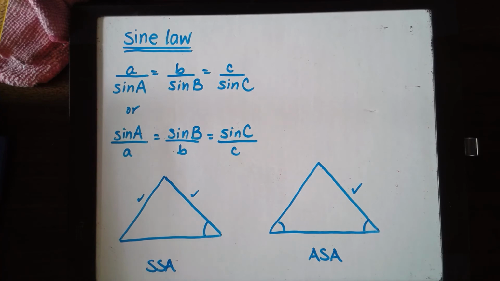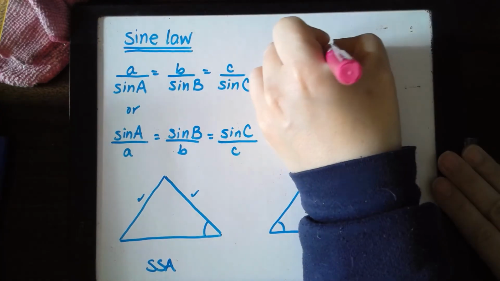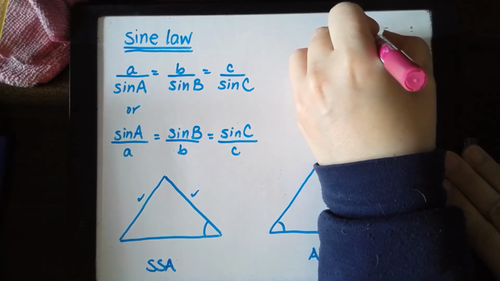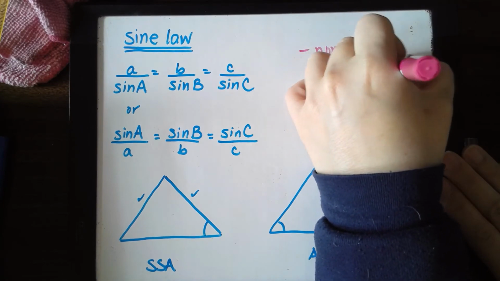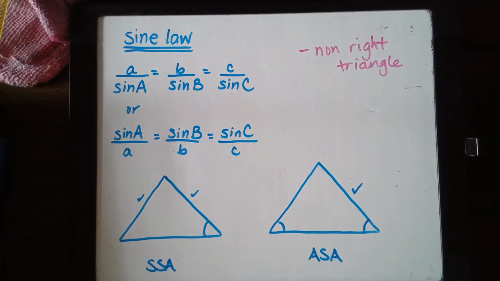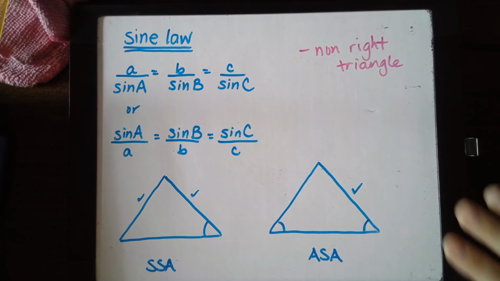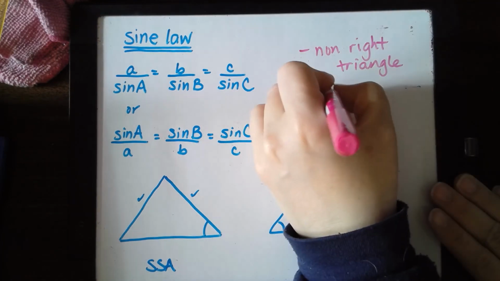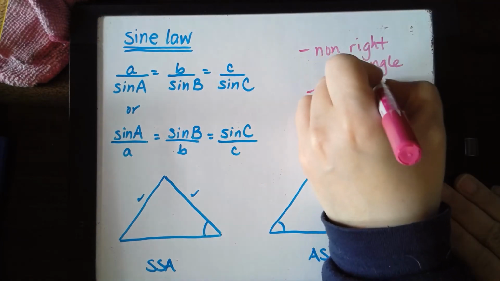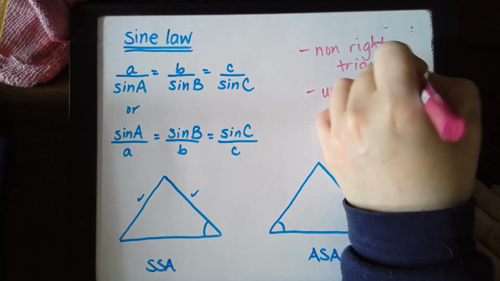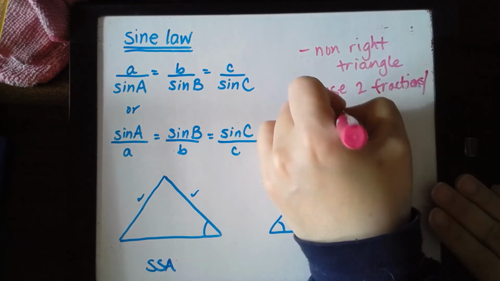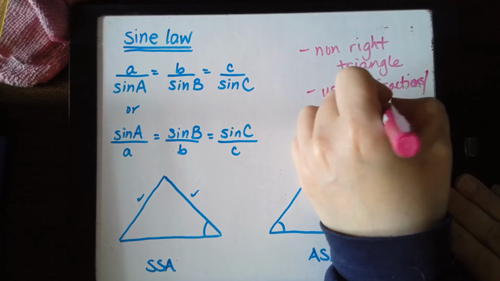So remember that we're working with non-right triangles. If you are given a right triangle, go back to SOHCAHTOA. Also, if you're working with Sine Law, you only need to use two of the fractions, or parts of Sine Law.